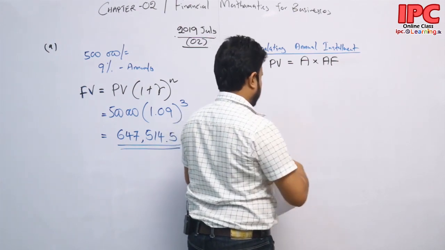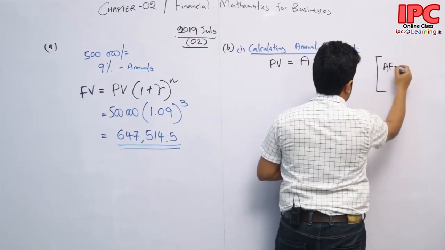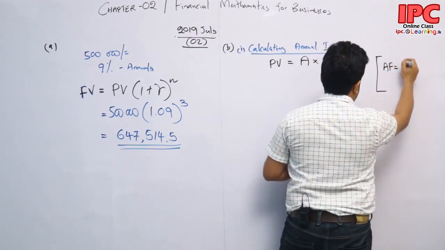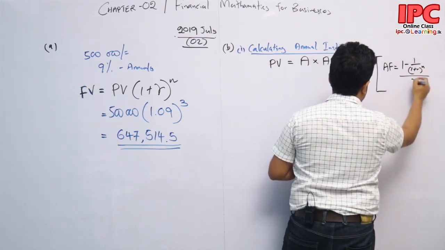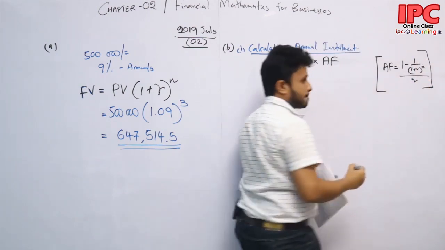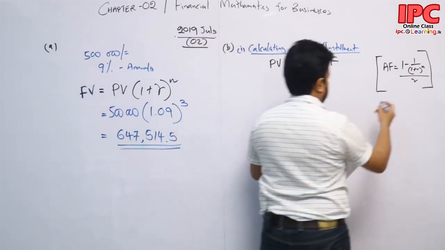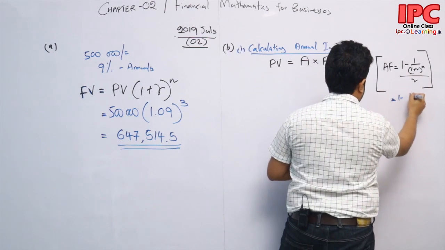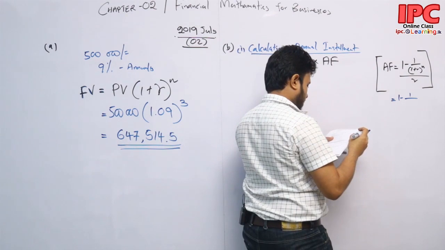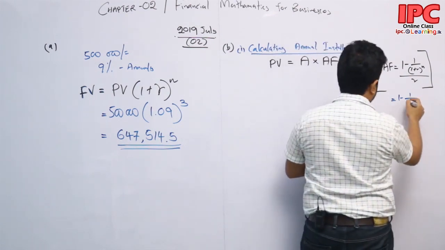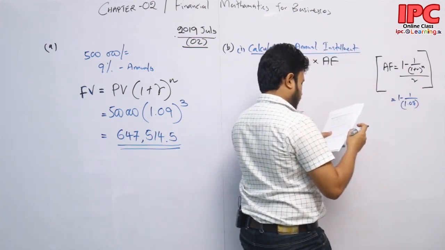So how are we going to calculate the annuity factor? Annuity factor is equal to 1 minus 1 divided by 1 plus r to the power n, divided by r. So in this example, 1 minus 1 divided by, what is the rate? 8% compounded annually, 1.08, and for 3 years.